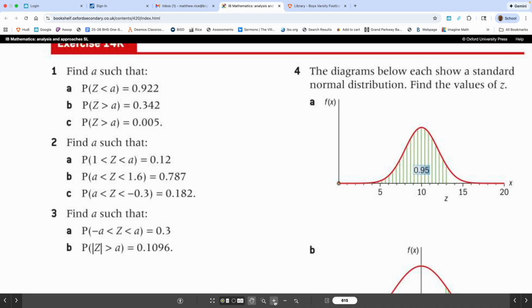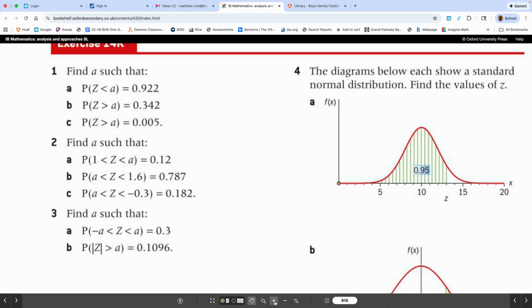Because it's the smallest of the two, correct? And how much area is in between them? A lot. 78.7% of the graph. That's a lot of the graph, correct? So I'm thinking it's got to be over there pretty far, right, okay? So this area right here is 0.787.